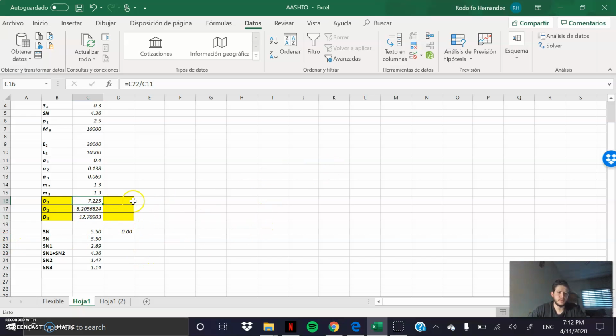8.2, 12.2, but the bearings that are in the exam, the closest bearing is the one that is 8 inches in the pavement, 10 inches in the subbase, the second layer, 10 inches.